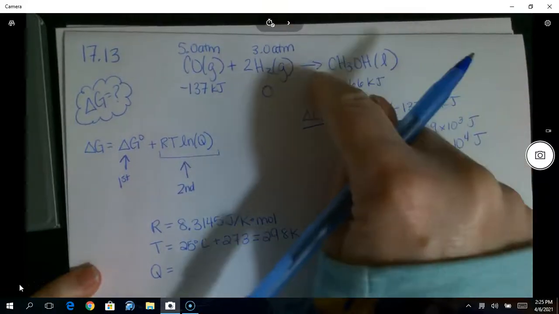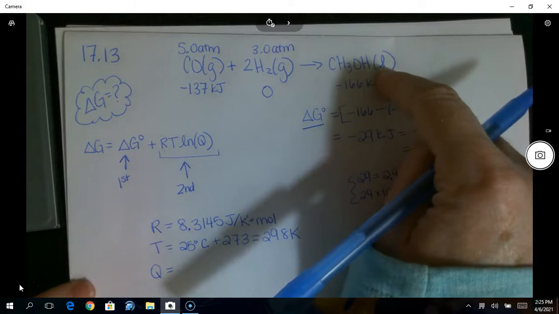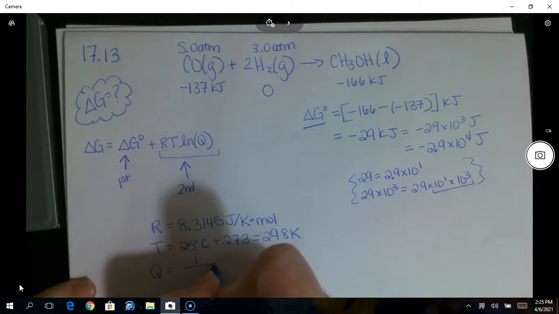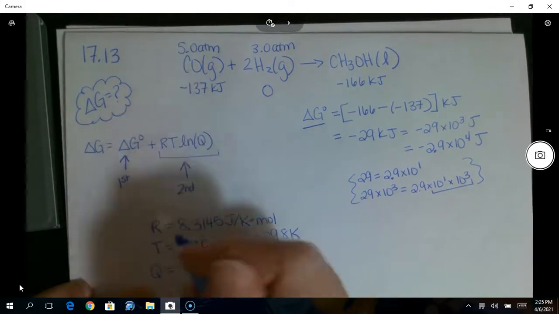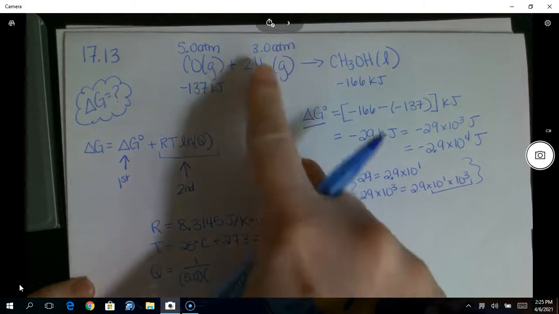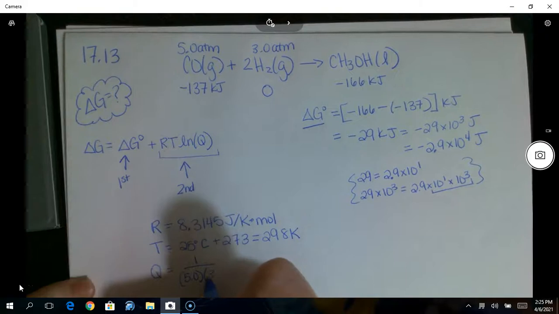And we're converting this to liquid. Liquid is not going to have any atmospheric pressure because that's only in gas. So 1 over 5.0 times 3.0 squared. And we have a squared because we have 2 here.